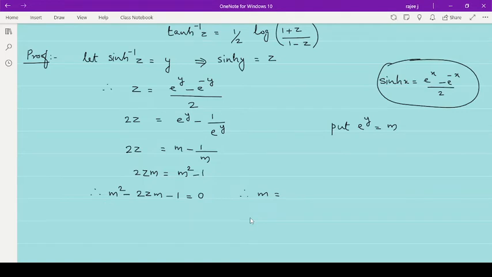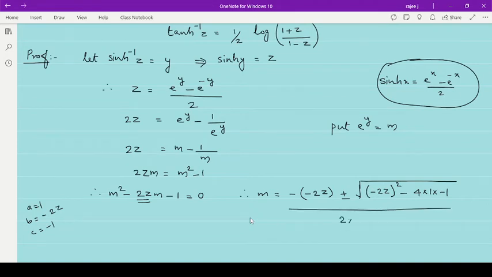That is minus b, and here b is minus 2z, so minus b plus or minus under root of b square, that is minus 2z square, minus 4 into a which is 1, c which is minus 1, divided by 2 into a, that is 2 into 1.